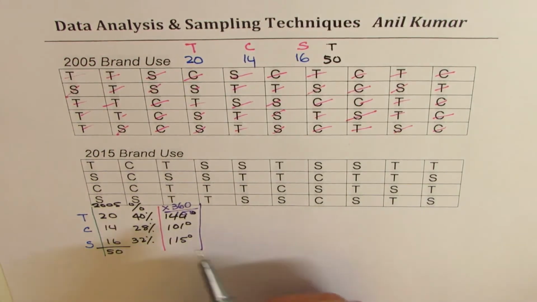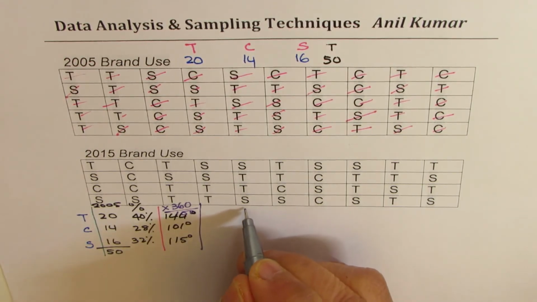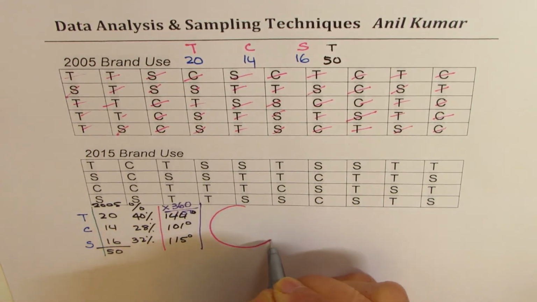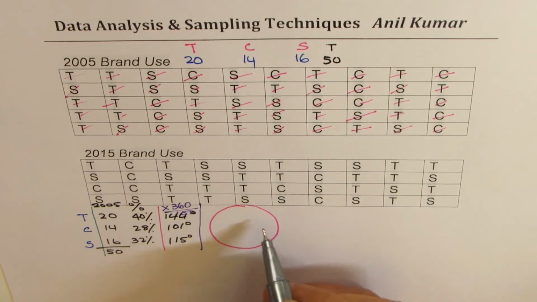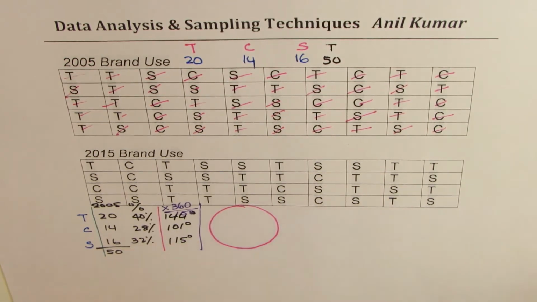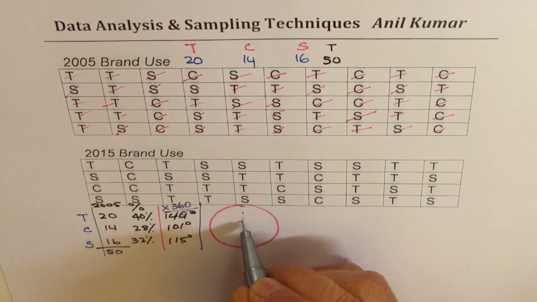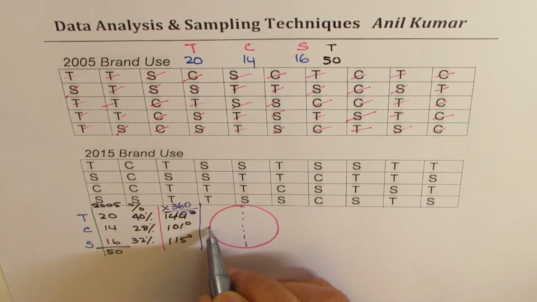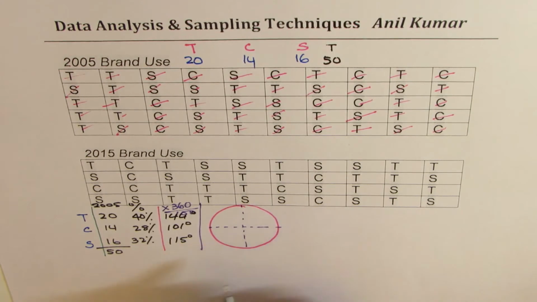Perfect. So if I construct a circle, let's say that's my circle, to draw the circle diagram, then in this particular circle, I have to represent T, C and S with these degrees, 144, 101, and 115.